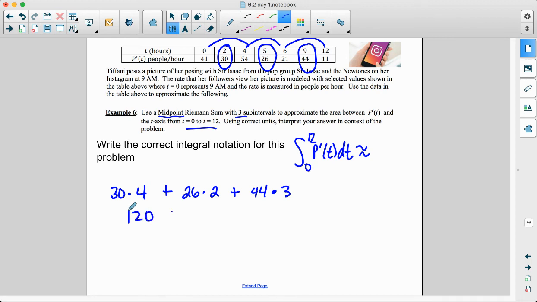So 120 plus 52 plus, again, 132. So that's 304. So it's approximately 304 people total, or people viewed.